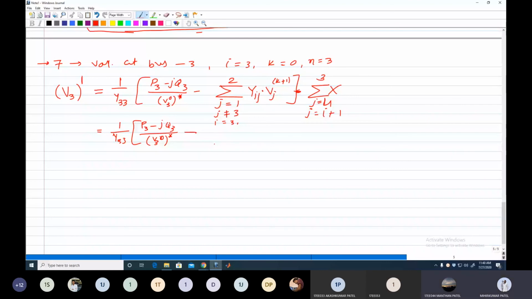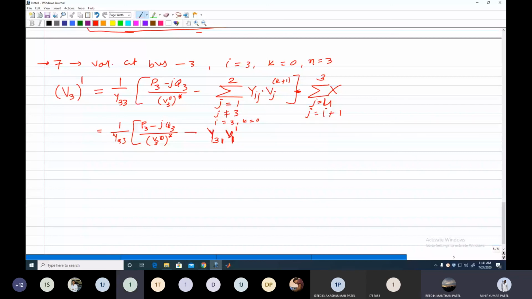What is the value? Y31. Yes, very good. It is Y31, where I is equal to 3, J is equal to 1, and again J equal to 1. So it is V1 1, because K is equal to 0. So clear? Y31 V1.